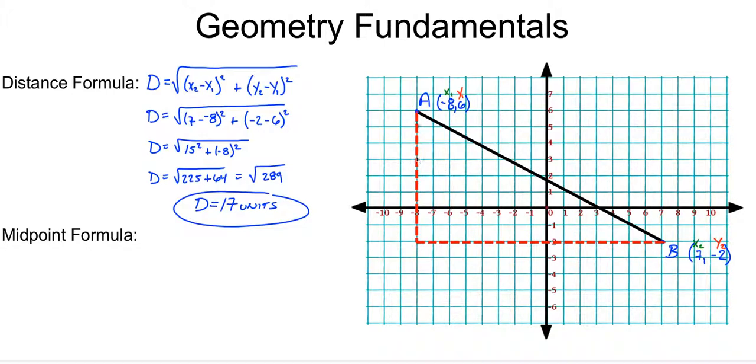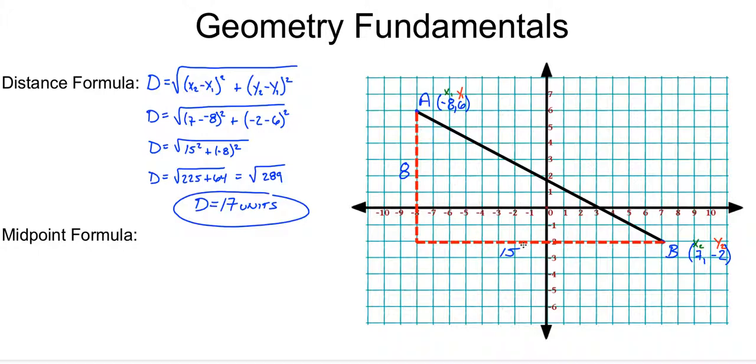I can see that the rise right here is going to be from 6 down to -2, where I can just count the boxes: 1, 2, 3, 4, 5, 6, 7, 8. So this is going to have a length of 8 units. And if I count this one right here along the bottom, that's going to be 15 units long.